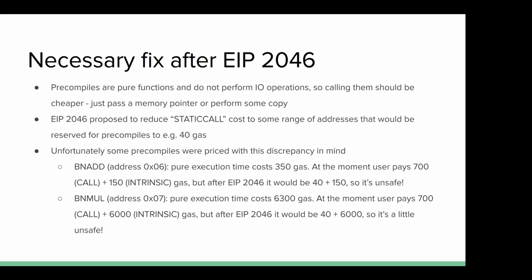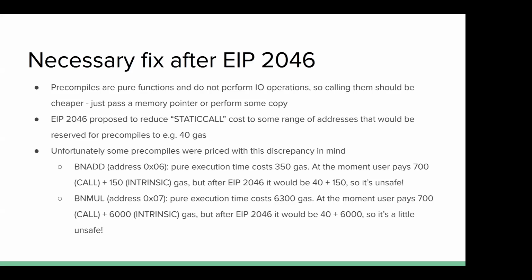But first we need to perform some adjustments that will actually fix the pricing, because quite recently there was a set of EIPs, 1107 and 1108, accepted, which changed the gas cost of the BN add and BN mul multiplication precompiles. When new costs were proposed, the excessive cost of call was taken into account.